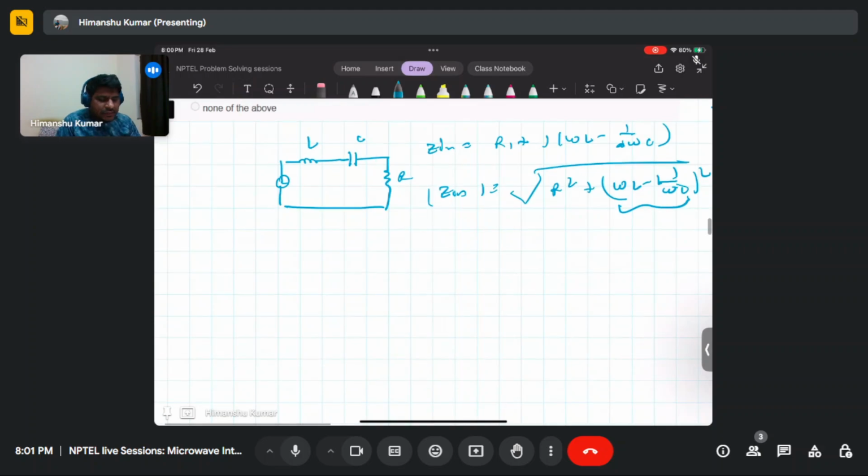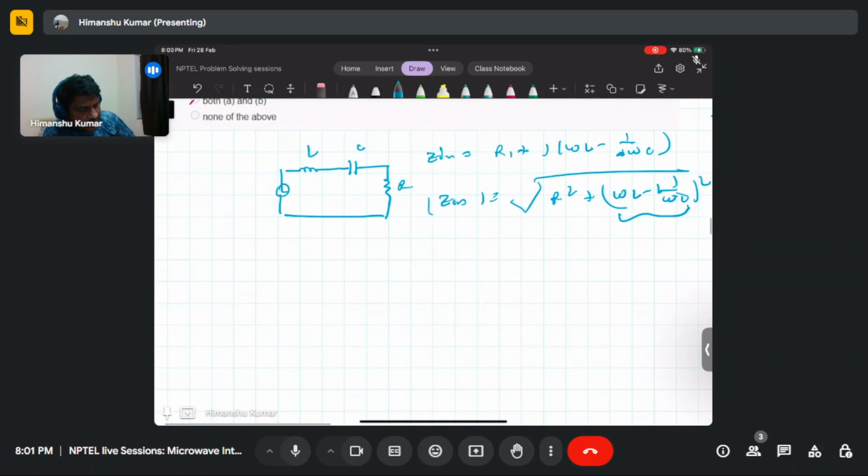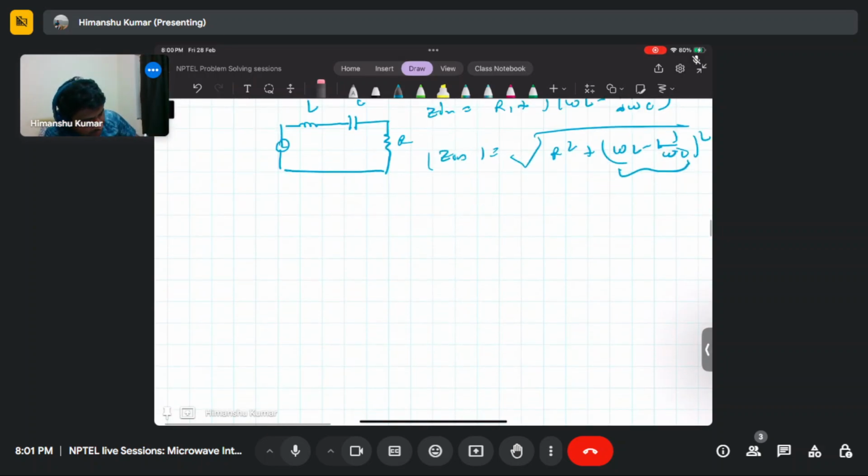Similarly, in the case of the shunt topology, you have the elements like this.